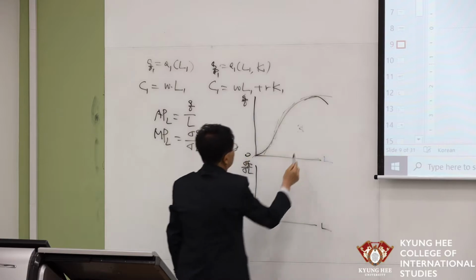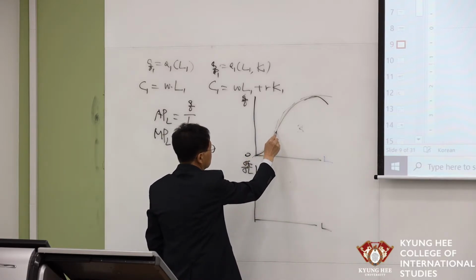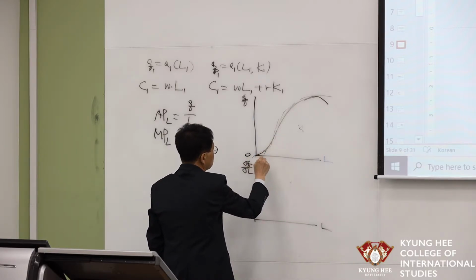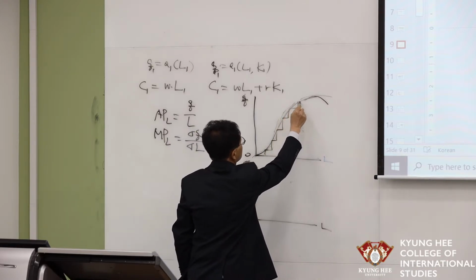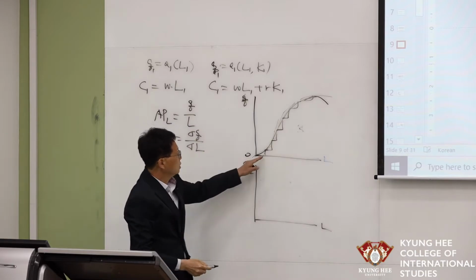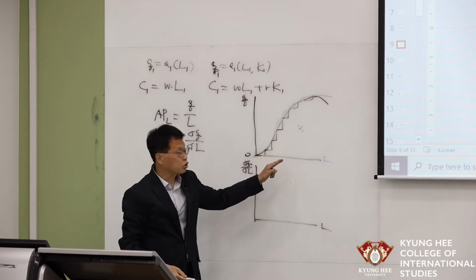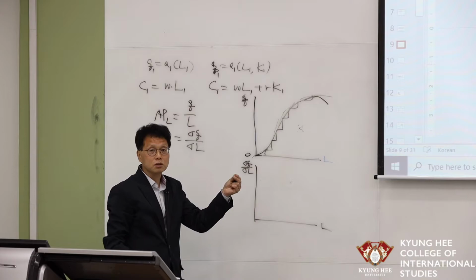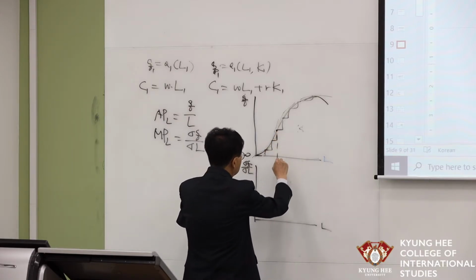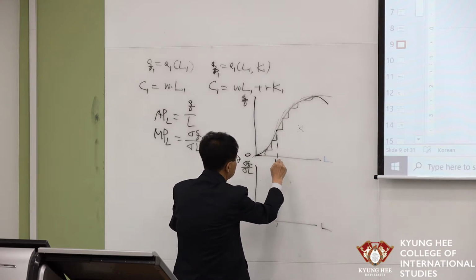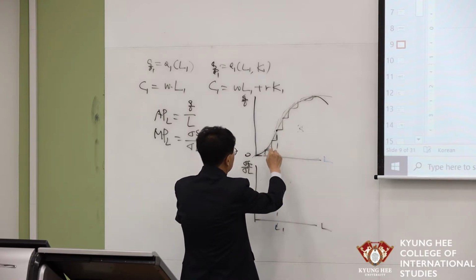What happened? Marginal product is maximized at this point. As we move from here to here, the gradient of this triangle should be the marginal product of labor. Marginal product of labor is maximized at this point, when L is, for example, L1, right?